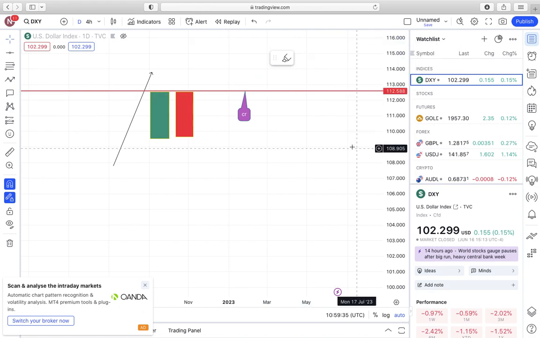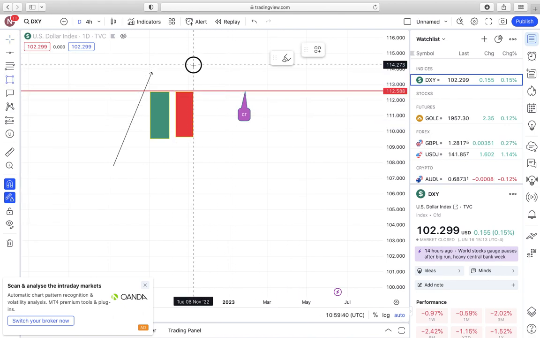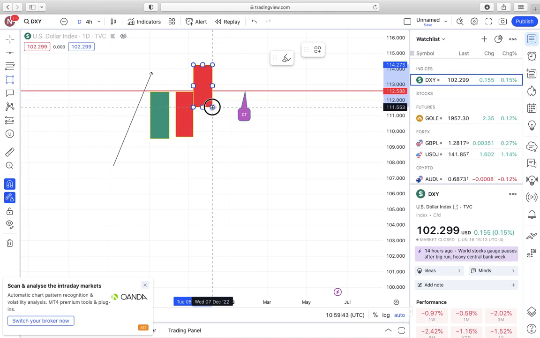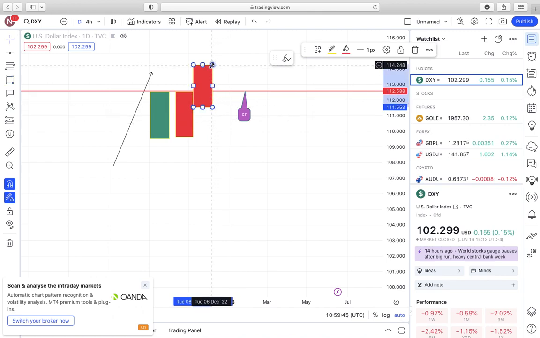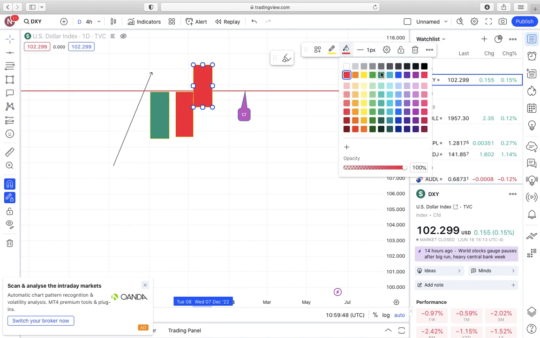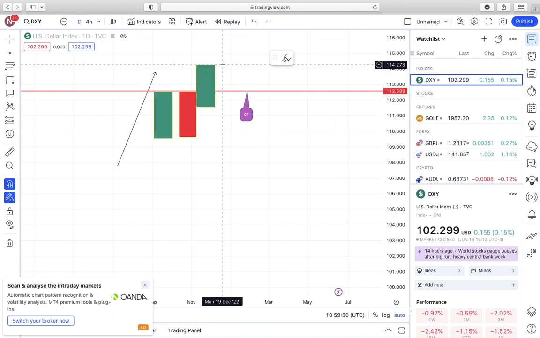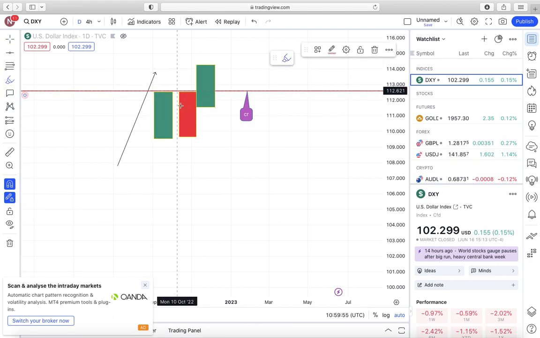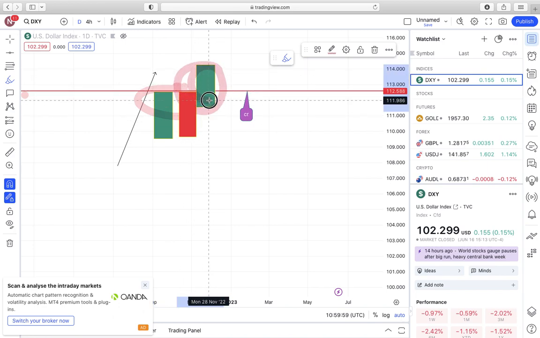And how is this resistance violated? Resistance is violated when the market forms a bullish candle which engulfs the previous bearish candle. This is it. When this is formed, it means this resistance zone which had already been formed has been violated with this bullish candle, so it is no longer a resistance zone.